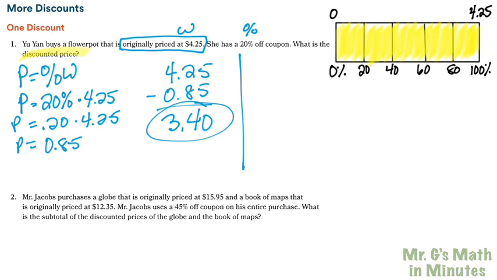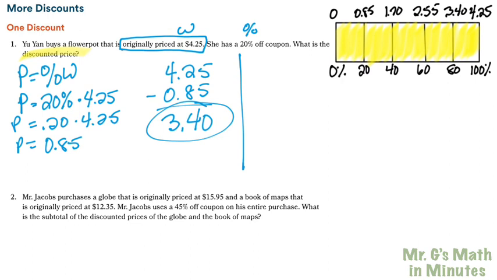If we were doing this in 6th grade, we would look at $4.25 and divide it by 5 boxes, which means that 20% is 85 cents. 40% would be $1.70. 60% would be $2.55. And then 80% would be $3.40. And then again, if you add another 85 cents, it would be $4.25.